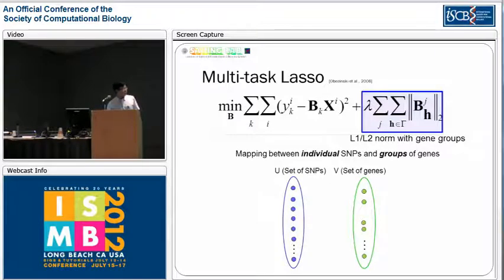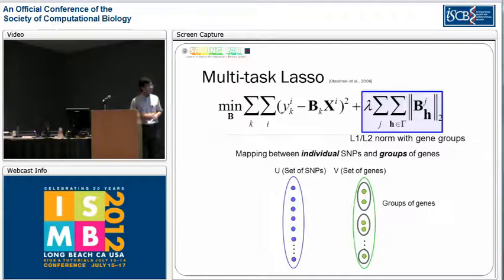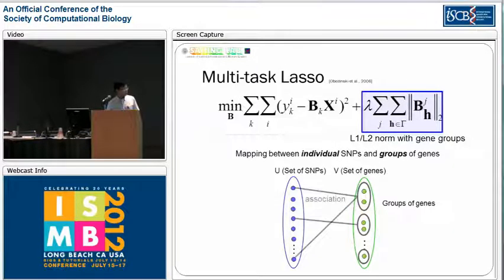Here we have predefined groups of genes. And then if you solve this problem, you can find the mapping between individual SNPs and groups of genes. And again, this actually represents the association between this individual SNP and groups of genes.